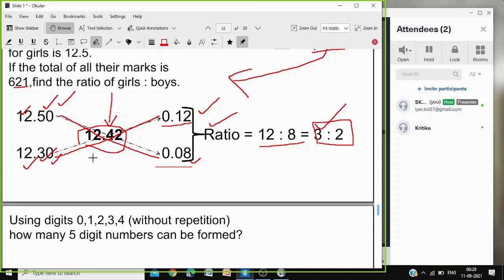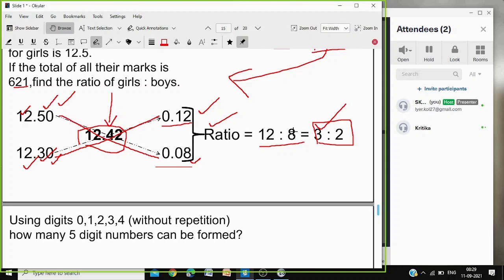We are doing the cross difference method, crosswise difference. Cross difference means crosswise subtract. 50 minus 42 will be 8, and 42 minus 30 the difference is 12. Remove the decimal point because both are 0.12 and 0.08, both are two decimal places. So 12 is to 8. Got it, Betty?